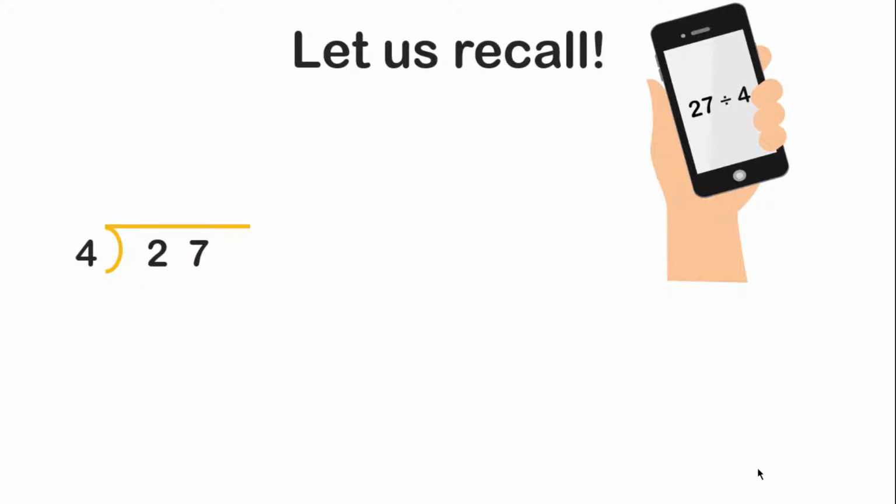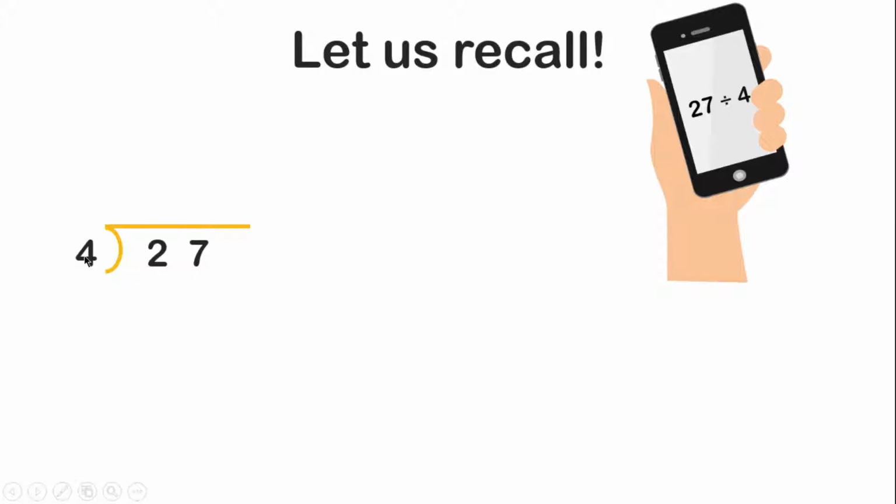Once I have done this, I start my division, that is breaking 27 into some equal parts. So I know my tables here. I see the first number. Now the first number 2 is smaller than 4, so I cannot start dividing here. So I look at the first two numbers. In this case I have 27.